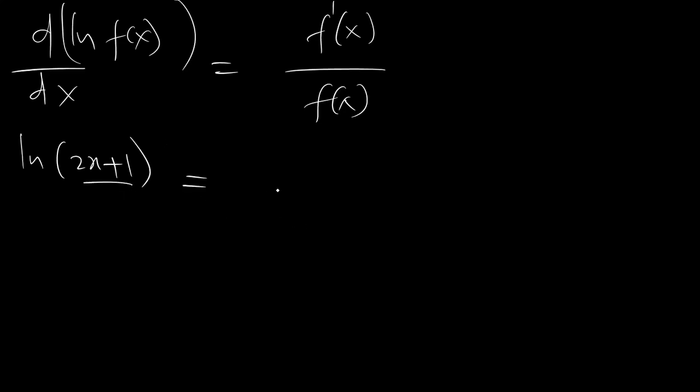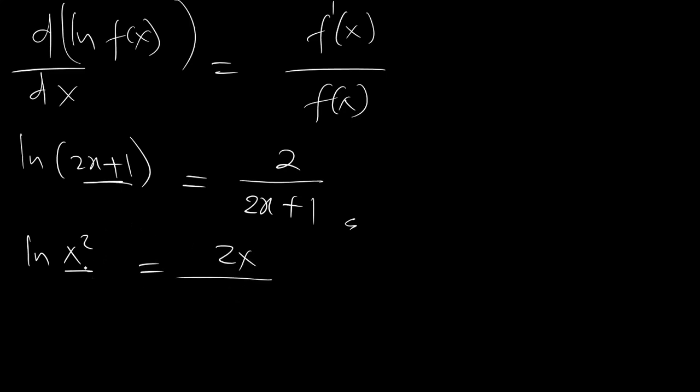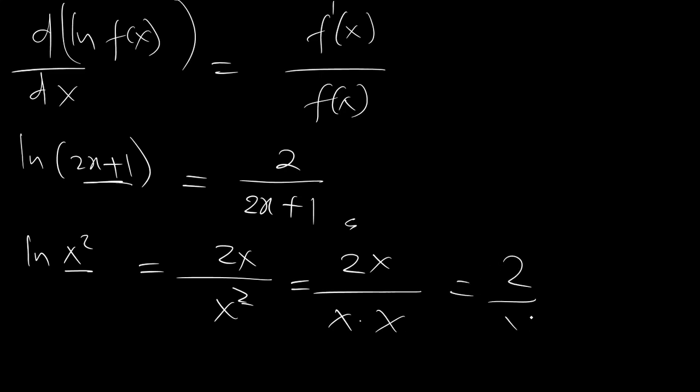The derivative of what is inside is 2, divided by the function, which is 2x + 1. So this is the answer. Now if they give you ln x squared, the derivative is 2x divided by x squared, which is the same thing as 2x over x times x, which will give you 2 over x. That's the answer.